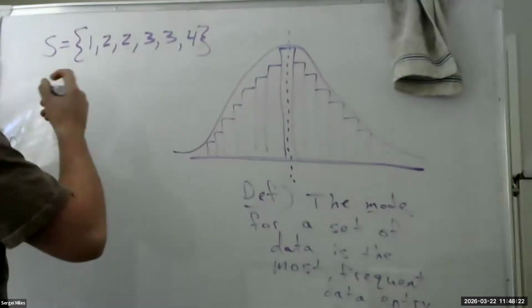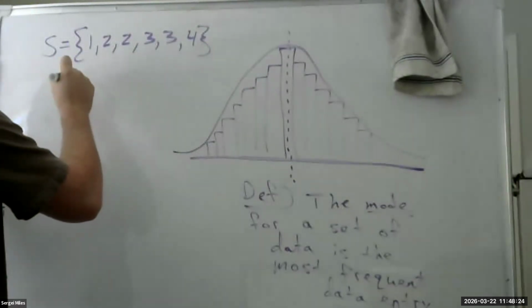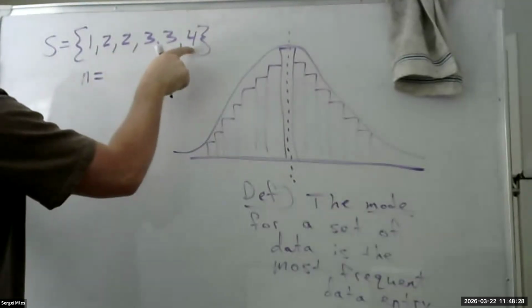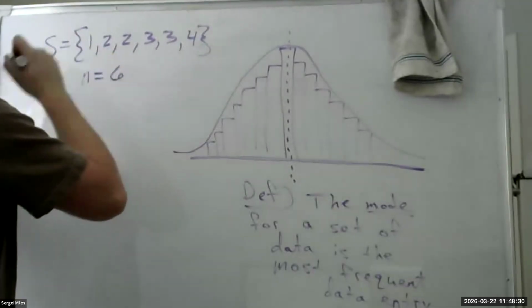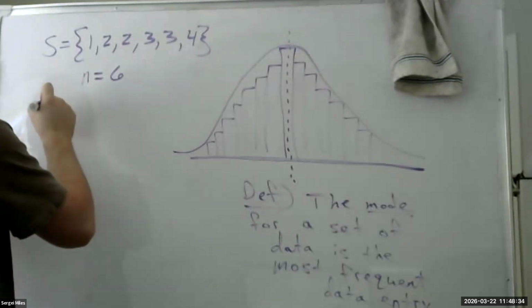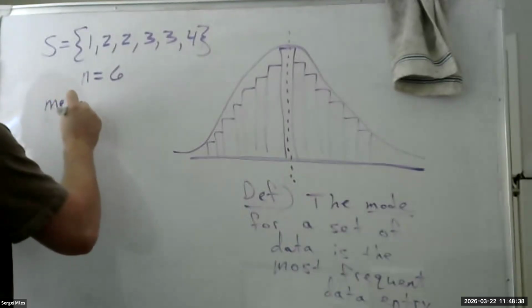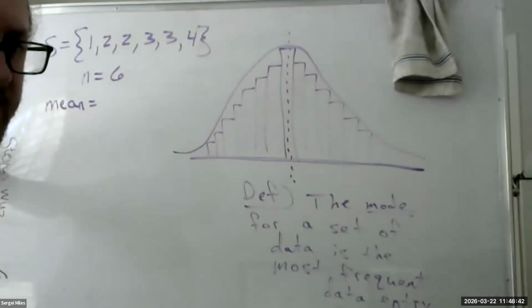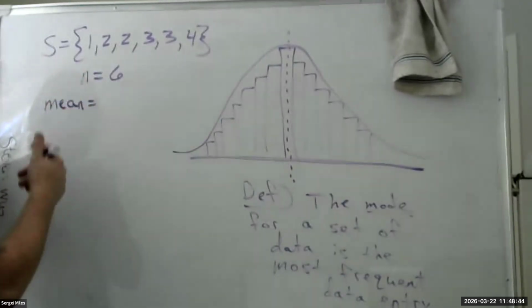And so this sample has a sample size of 1, 2, 3, 4, 5, 6. It has a sample size of 6. And so if I want to calculate the average here, in other words what is called the mean, I would add up all the points and divide by the number of numbers, the sample size.